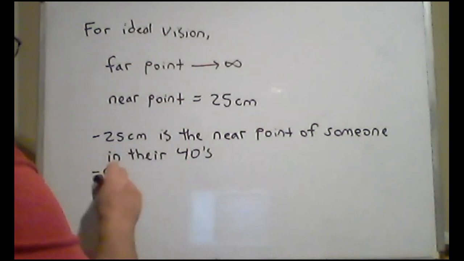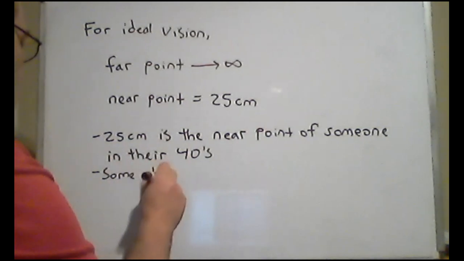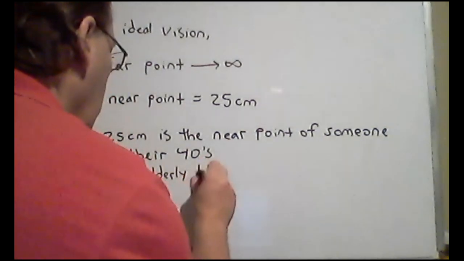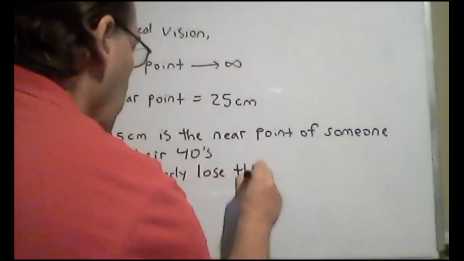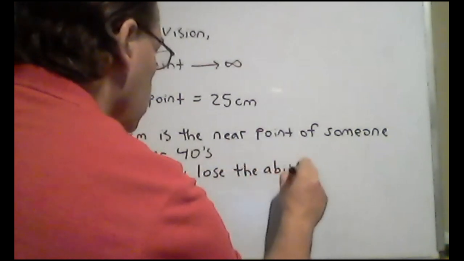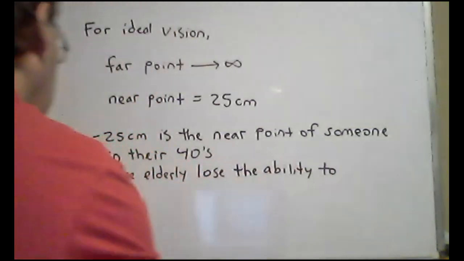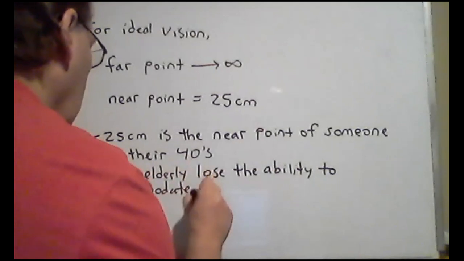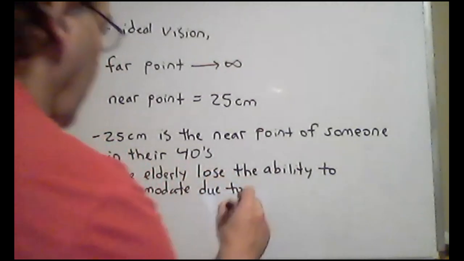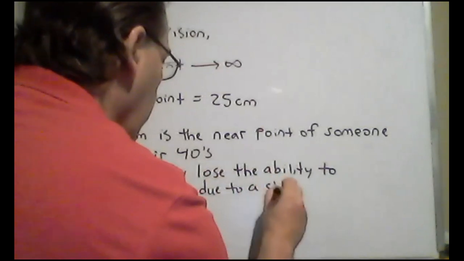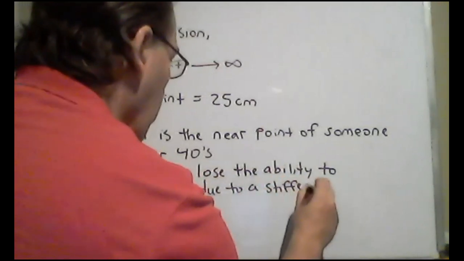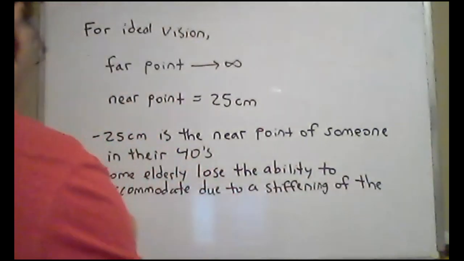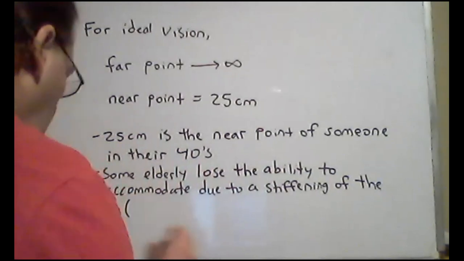Some elderly people lose the ability to accommodate due to a stiffening of the lens. And that's typically called presbyopia.